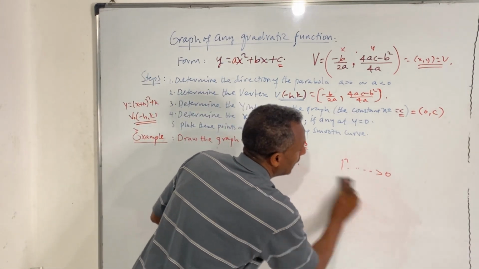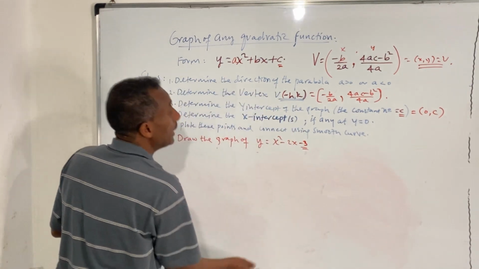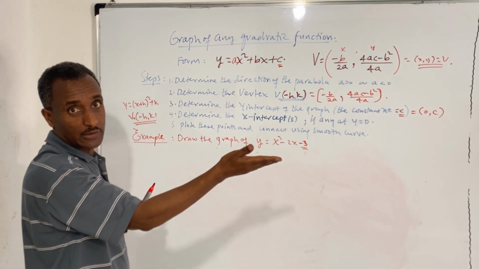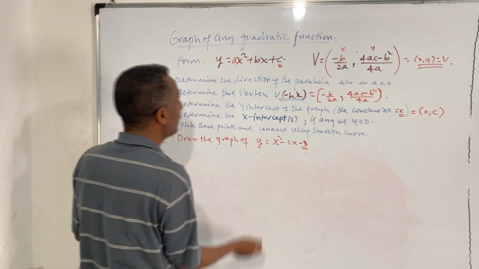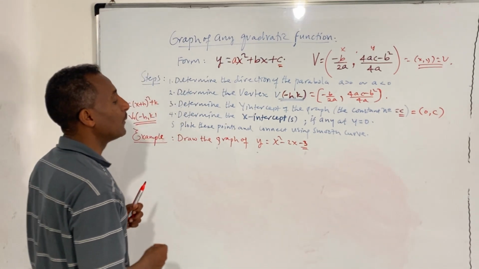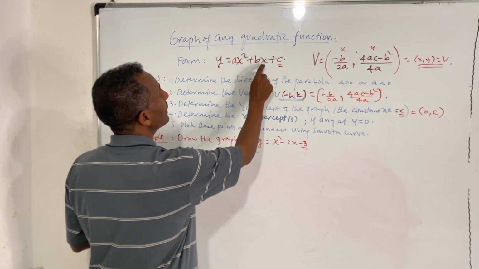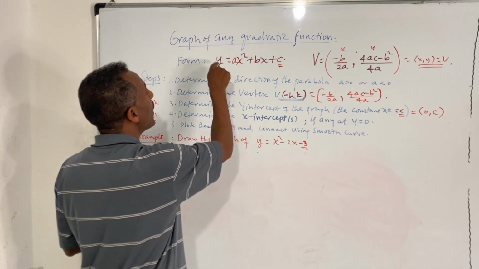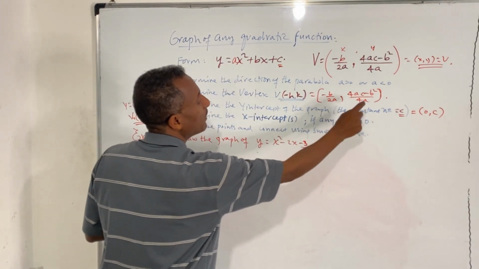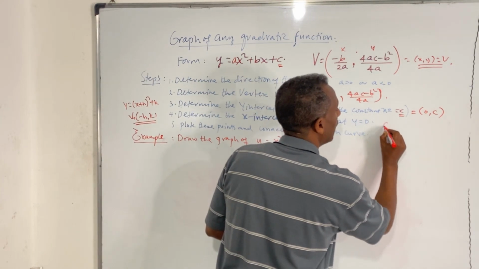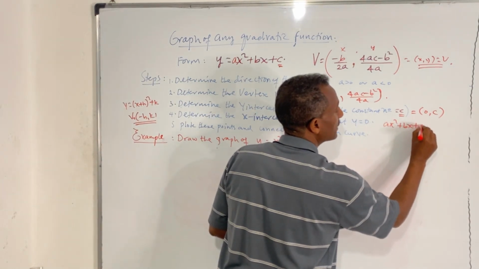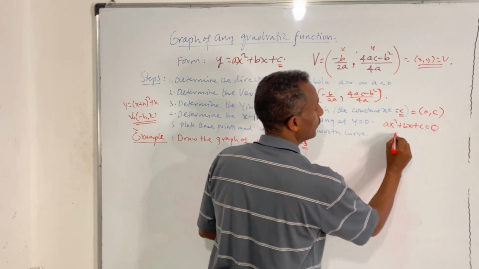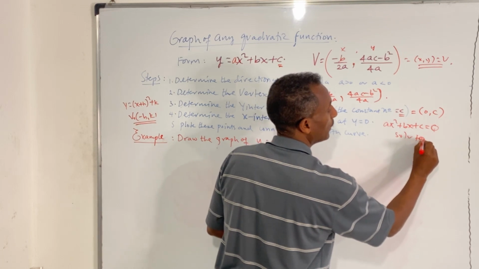So what do we do? This quadratic may or may not have an x-intercept, but if there is one, we can find it. How? Just as we substitute 0 for x to find the y-intercept, in this equation we substitute 0 for y. Setting y equal to 0, ax squared plus bx plus c is equal to 0, and we solve for x.